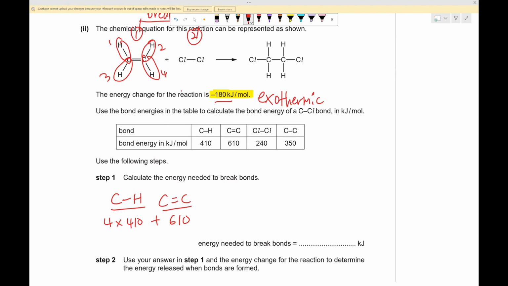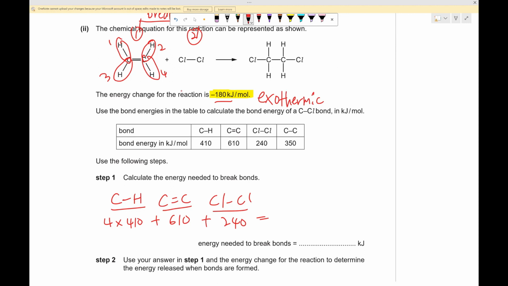610. Then how about the chlorine and chlorine? Correct, only have one. That means Cl and Cl, only one, so you add 240. Okay, you add up together. Where's your calculator? If you don't have a calculator, check out your handphone.